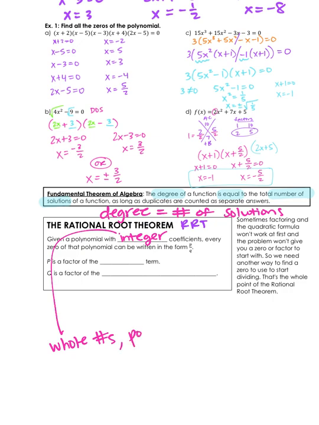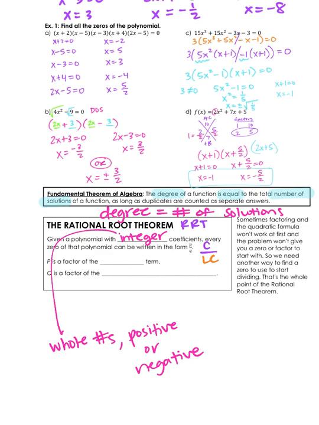They can be positive or negative. It doesn't matter. They can be written as P divided by Q, or the way that I usually do this is I do C over LC. And you'll see why in a second.